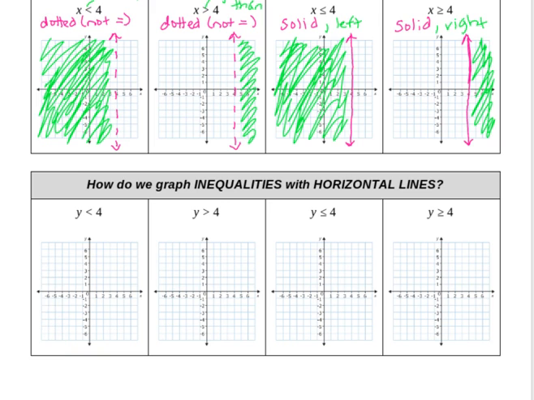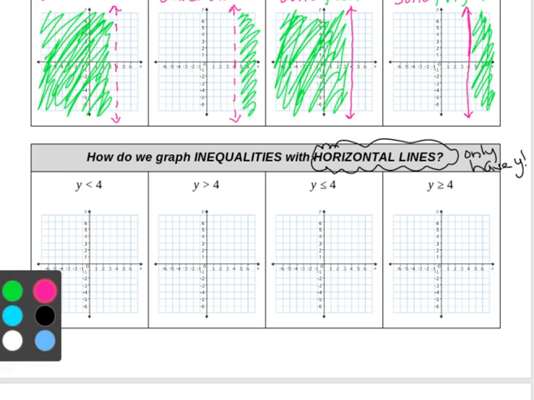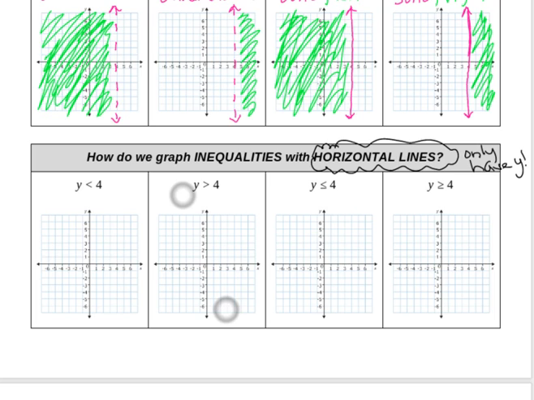All right, and then finally, how do we graph inequalities with horizontal lines? So these are all going to be horizontal, which means they go across, which means these only have y. So we're going to use the same ideas that we did before to determine whether they're solid or dotted. So hopefully you can look at these first two and notice that because they're not equal to, these are going to be dotted lines.